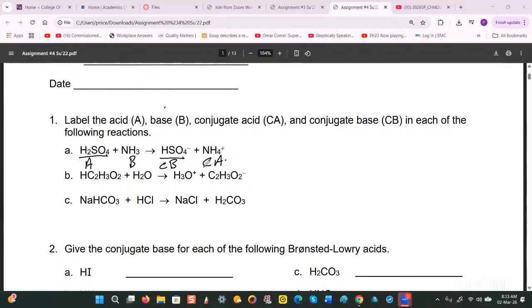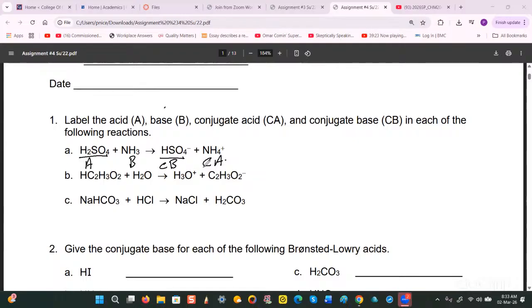When a base gains a hydrogen ion, it forms a conjugate acid, all right? So with that said, let's look at B, and let me hear what you have to say about B. Look carefully at what's happening as you go from left to right, and I want you to tell me what's an acid and what's a base. Let's deal with that first.